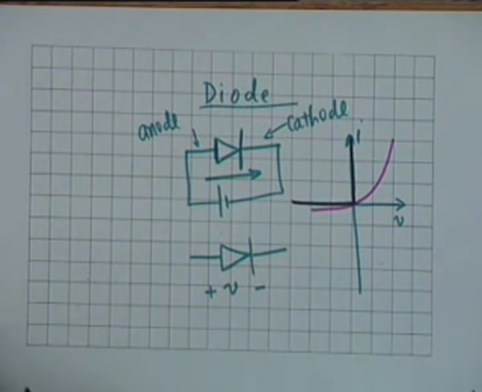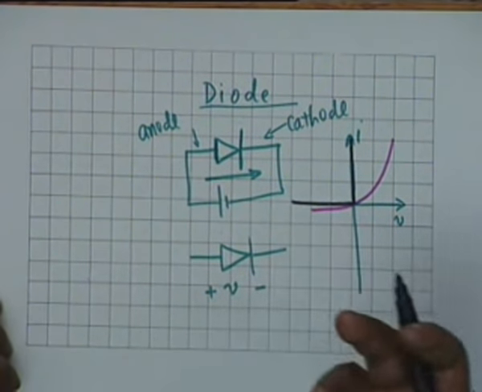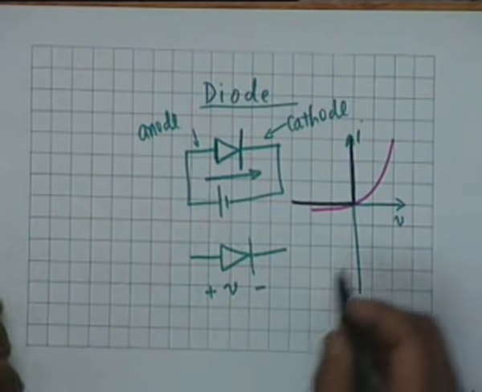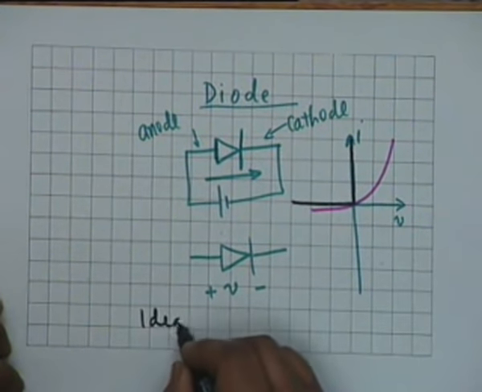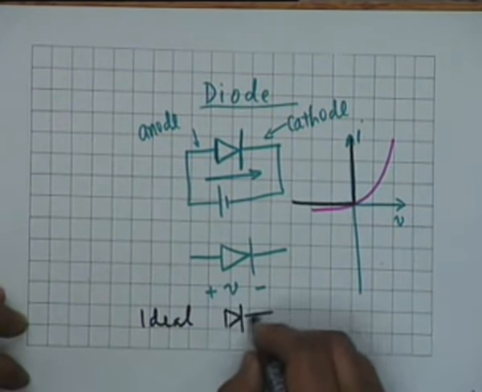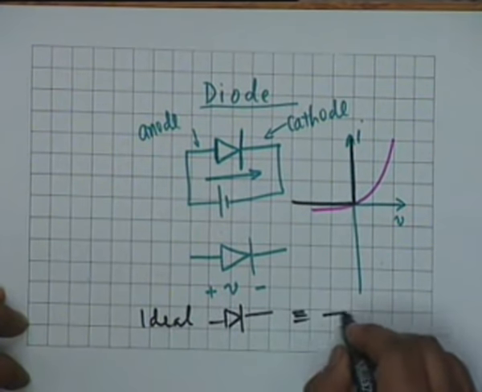Now this ideal characteristic, doesn't it remind you of a switch, that when the switch is on, any amount of current can flow, when the switch is off, no current can flow. So an ideal diode is equivalent to a switch.